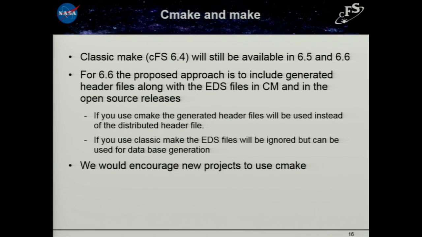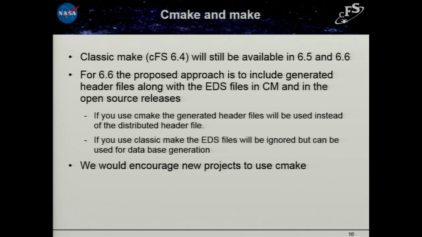Okay, so we touched on the electronic data sheets aspect of it a little bit. One thing to point out here is that the classic CMake or the classic Make scripts will continue to be available in 6.5 and 6.6, 6.6 being our upcoming release. Also in 6.6, we are looking to add in the EDS, and that does make things a little more complicated because the EDS is generating some of the C header files that are handwritten in the current version.